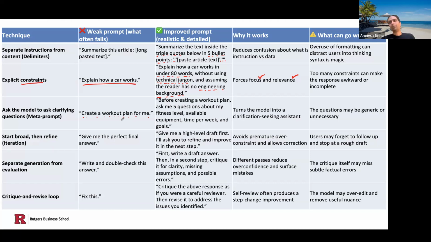Now, at the moment we're creating this prompt, you may not be able to think clearly of what to specify. But what you can say is, before creating this workout plan, the LLM itself can ask 5 questions. Here, the broader things are written, like my fitness level, what equipment is available, time per week, and goals.